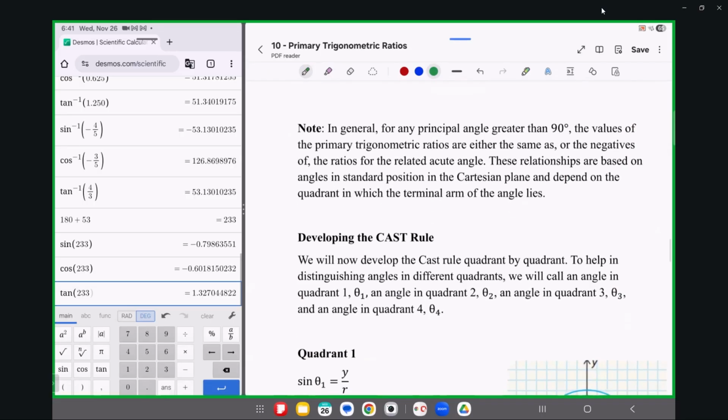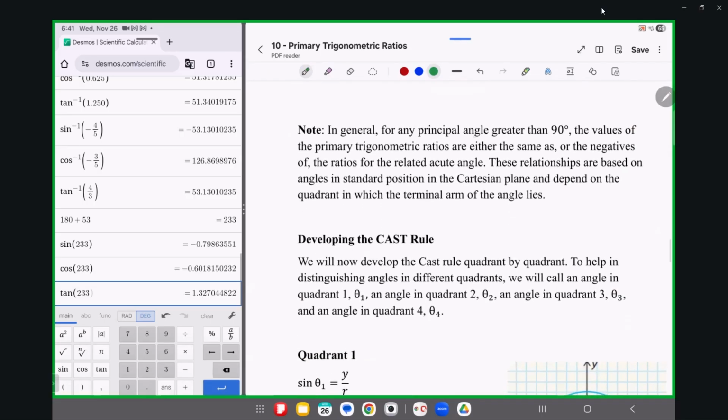And so in general, for any principal angle greater than 90 degrees, the value of the trigonometric ratios are either the same as or the negatives of the ratios for the related acute angle. The related acute angle was what we called our reference angle.